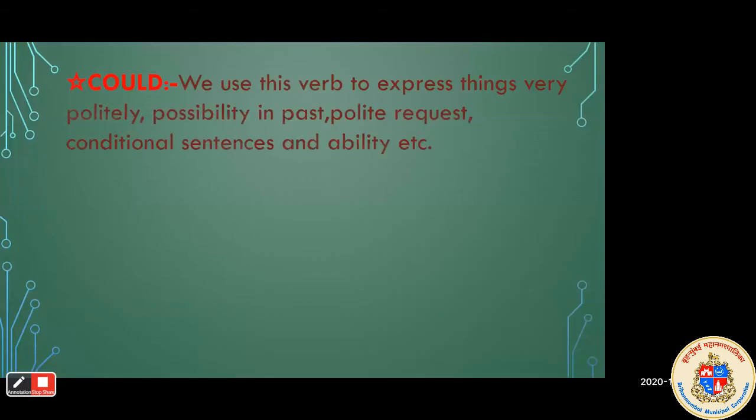We use this verb to express things very politely: possibility in the past, polite request, conditional sentences, and ability. While expressing these things, you can use this modal verb in sentences. Let's understand with the examples.